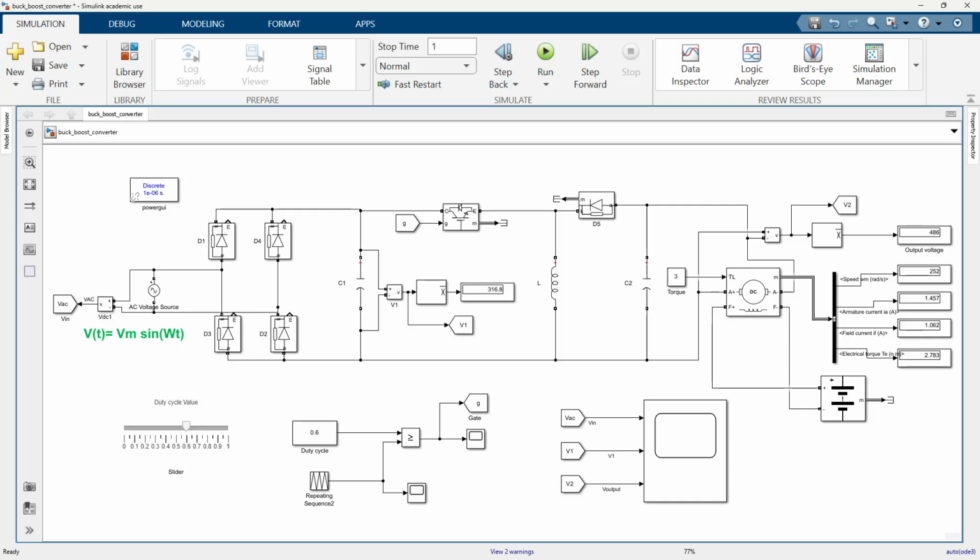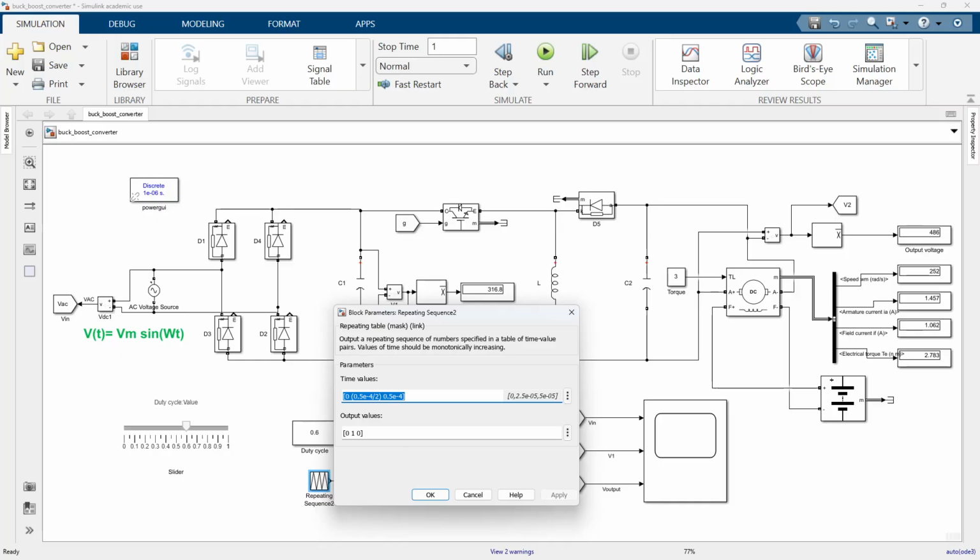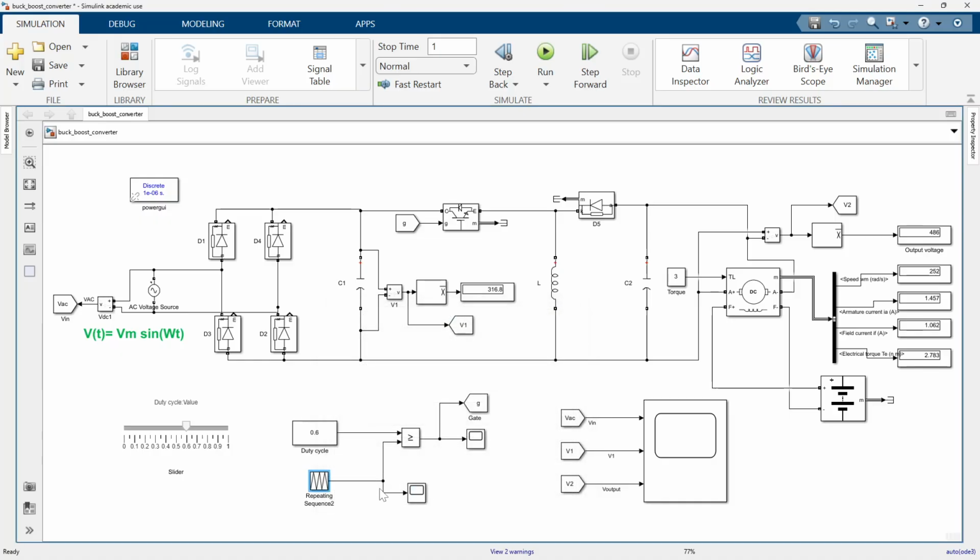The PWM signal is generated by comparing this triangular carrier waveform with a constant duty cycle reference, and this is the repeating sequence with time values and output values as shown.